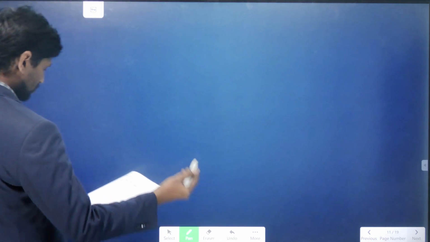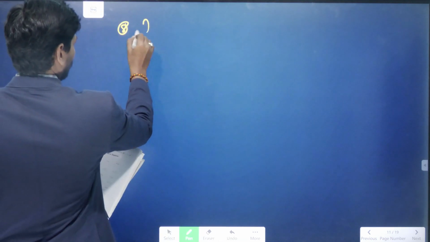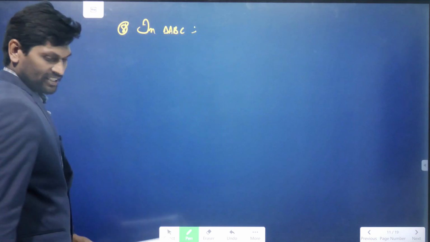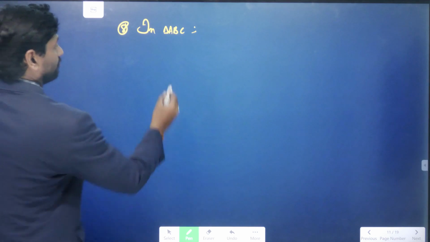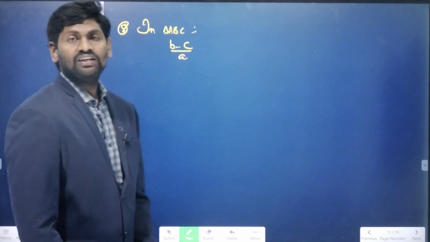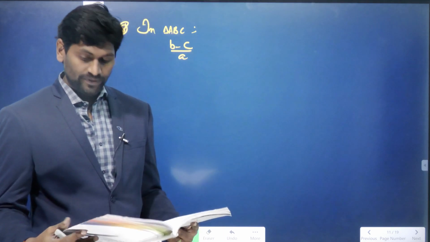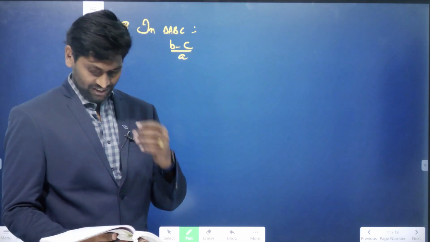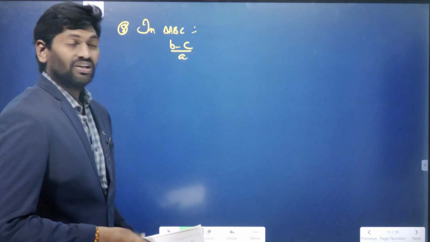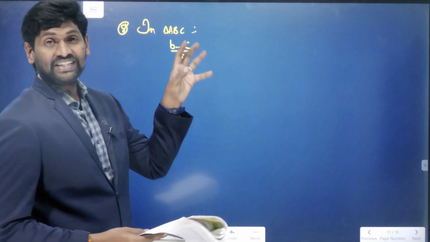In triangle ABC, we need to find (b minus c) by a. Okay? While you are observing, options are given like sine by sine, cos by cos, sine by sine, cos by sine, like that. That means for this we just apply the sine rule.